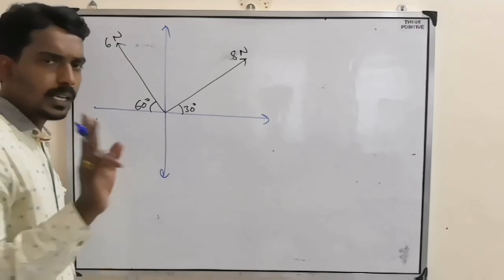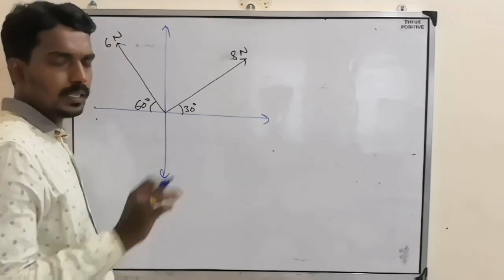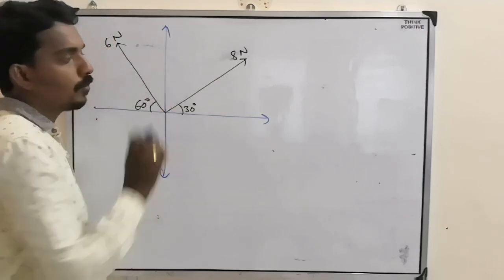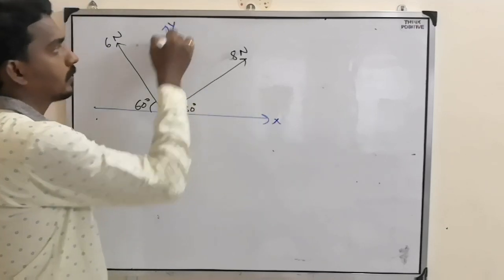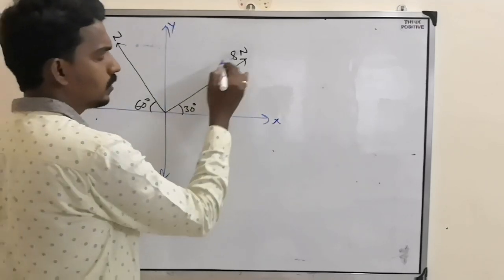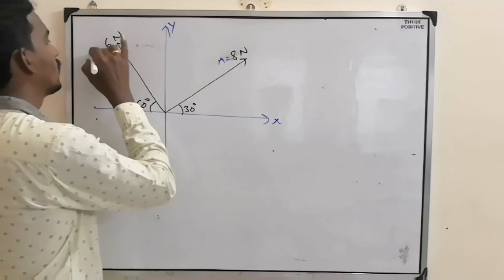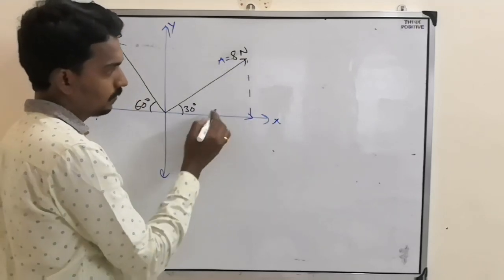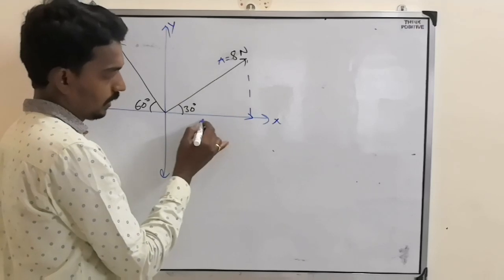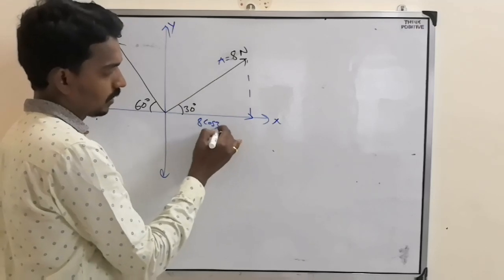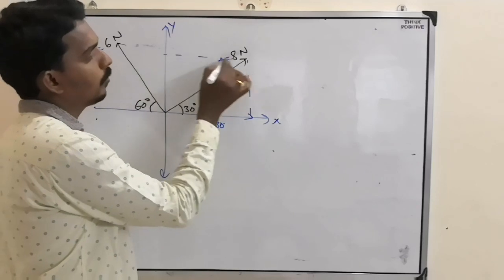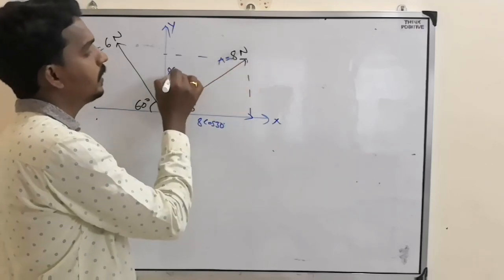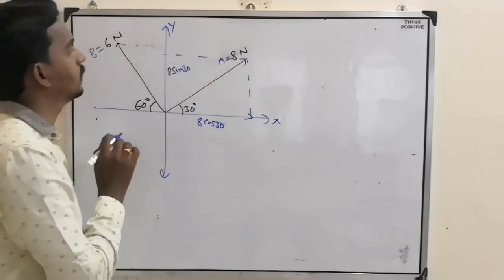Then there are two methods. One is you can take components along x and y. Like this you consider as A, this you consider as B. Then this component will become A cos theta, that is 8 cos 30, and this component will become 8 sin 30.